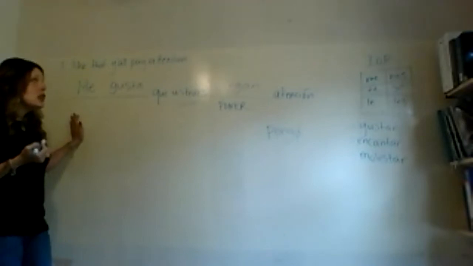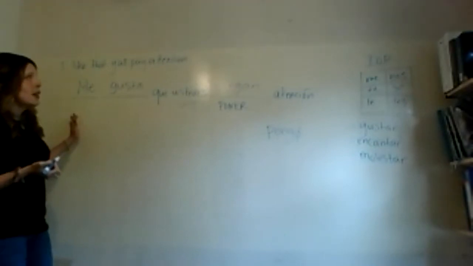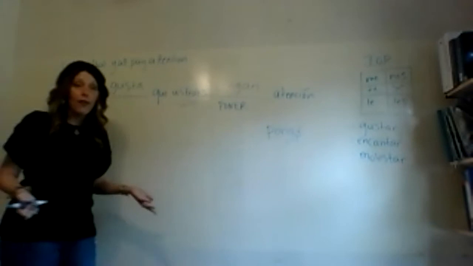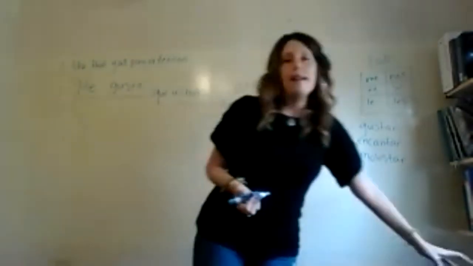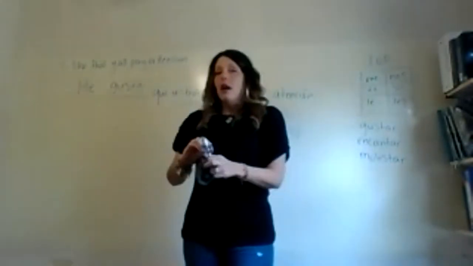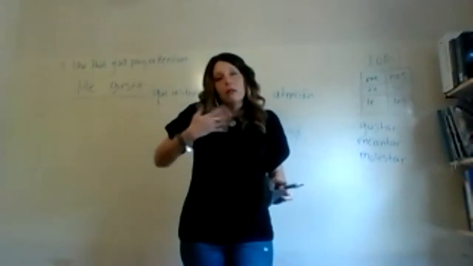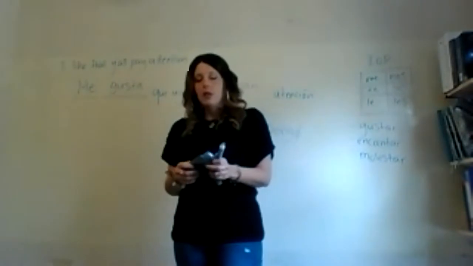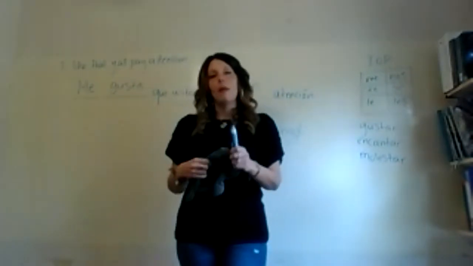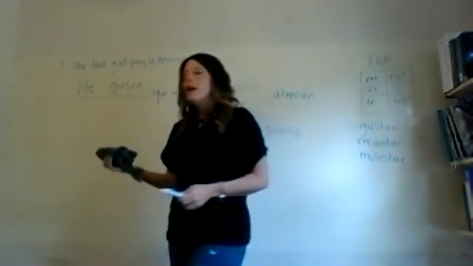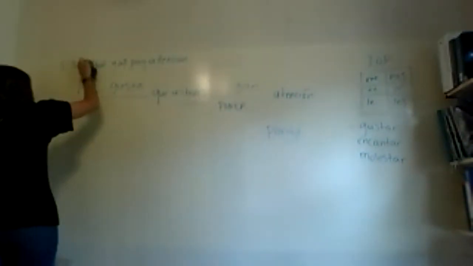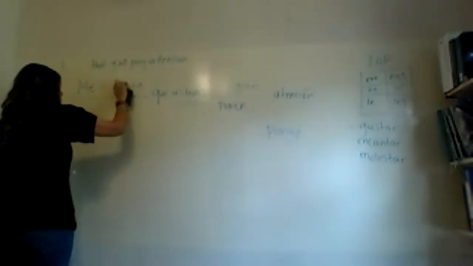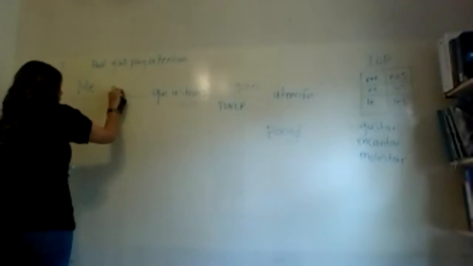If I wanted to change the sentence, instead of I like that y'all pay attention, but I love that y'all pay attention, then not much is going to change. It's still me who likes it, or in this new example, who loves that y'all pay attention. So the me is still going to be my appropriate indirect object pronoun, but it will just be this that changes.